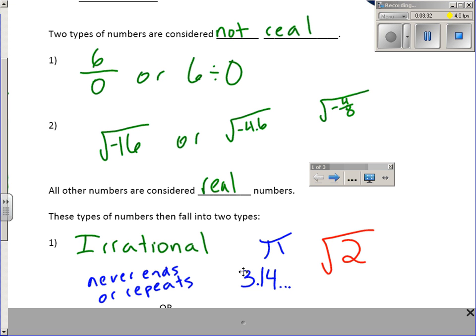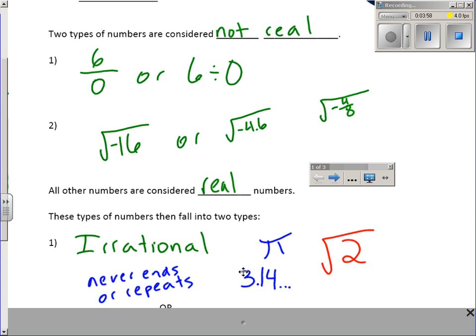Now the other one is going to be a square root of a number when this isn't a perfect square root. So the square root of 2, that's not a perfect square root. The perfect square roots are square root of 1, square root of 4, square root of 9. Anything in between, if you put this into your calculator, you're going to see a decimal that goes as far out as your calculator allows.